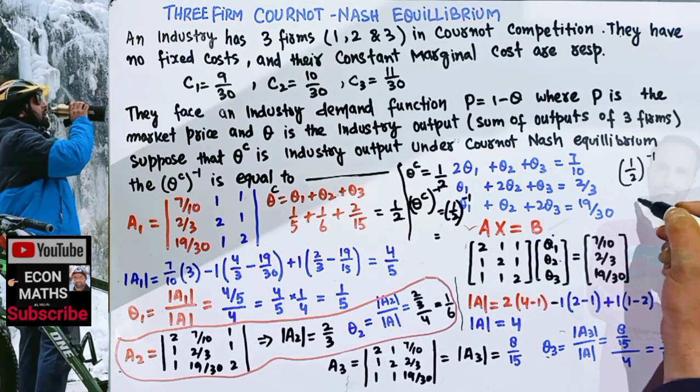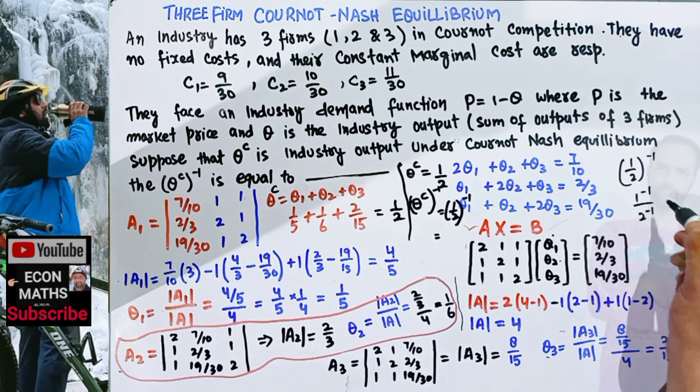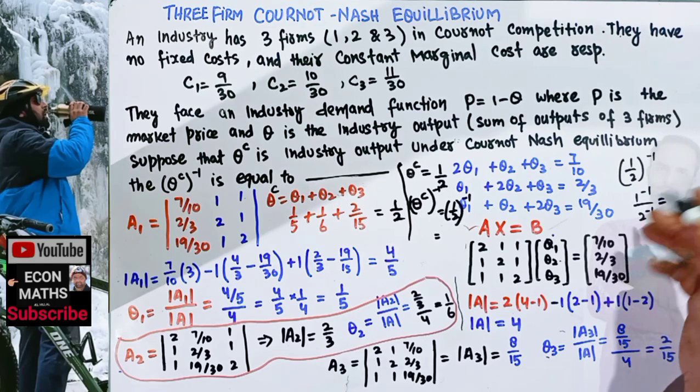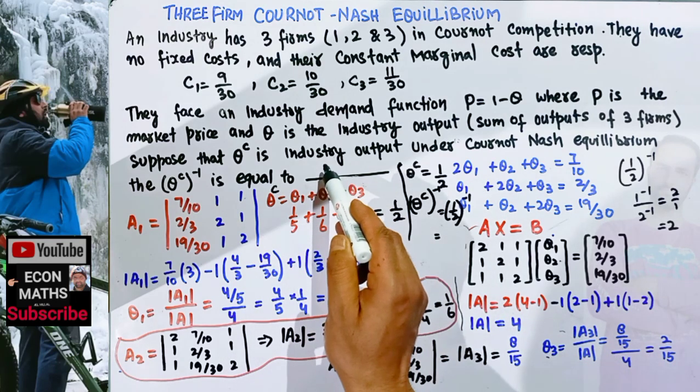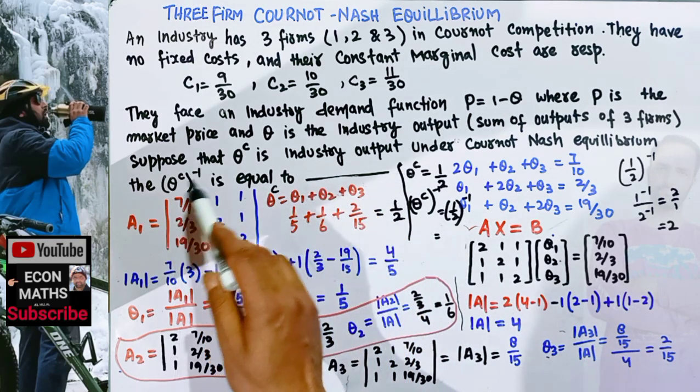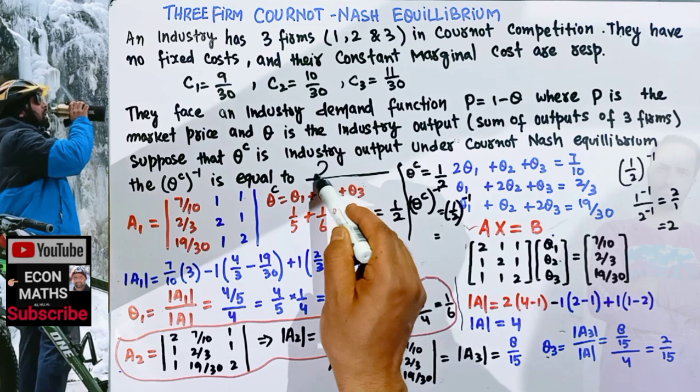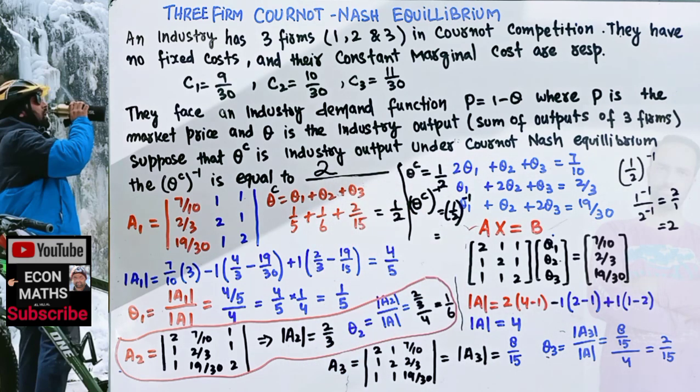We can write it in this fashion: 1 raised to power minus 1 divided by 2 raised to power minus 1. We reciprocate the numerator with the denominator and the exponent sign changes, so we get 2 upon 1, which comes out to be 2. That means industry output inverse, Q inverse, will be equal to 2. Okay, I hope I made myself clear.